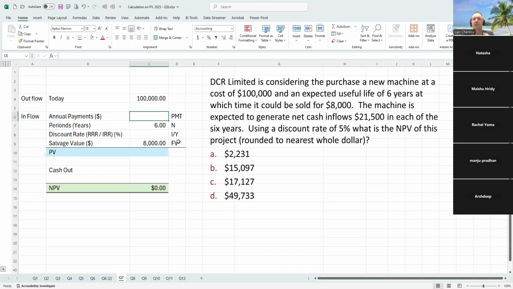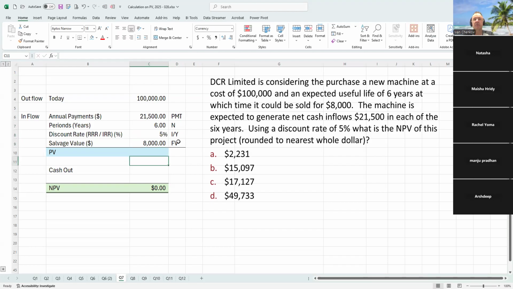The next thing we're also going to get, this machine is going to generate net cash inflow in each of the 6 years. So that will be our annual payment year after year of 21,500. What's the discount rate that we're using? 5%.